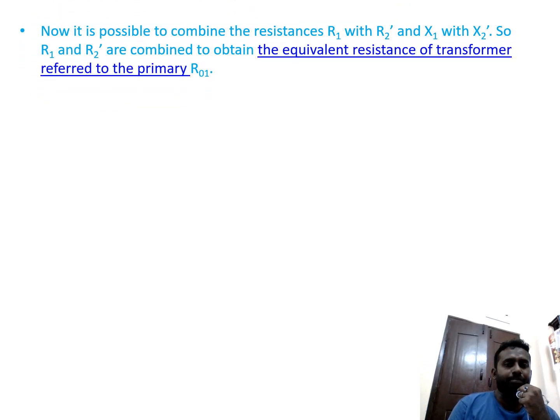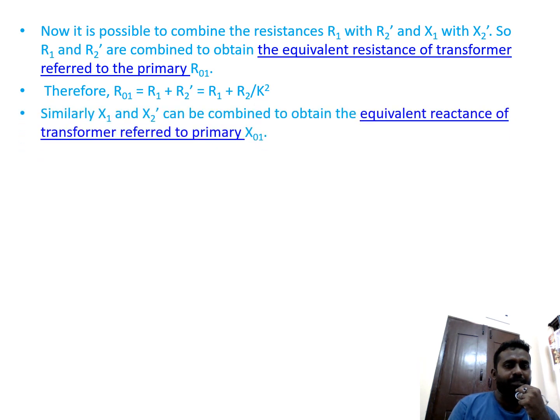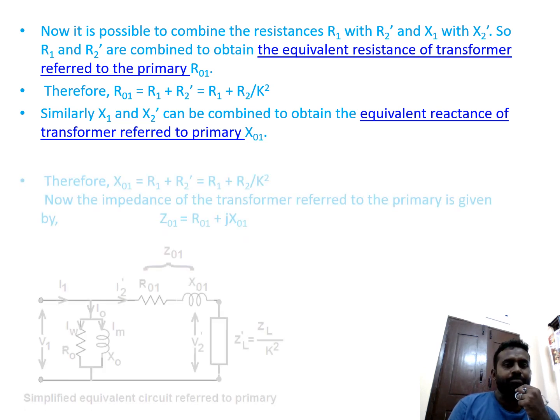Now it's possible to combine resistance R1 plus R2 dash and reactance X1 plus X2 dash, so that R1 plus R2 dash is the equivalent resistance of the transformer referred to primary, R01. Therefore R01 is equal to R1 plus R2 dash. Similarly X1 plus X2 dash gives the equivalent reactance of the transformer referred to primary, X01.